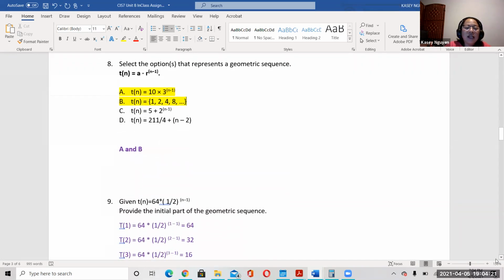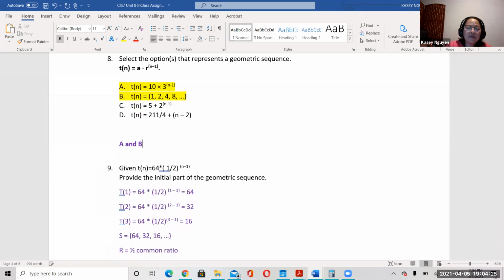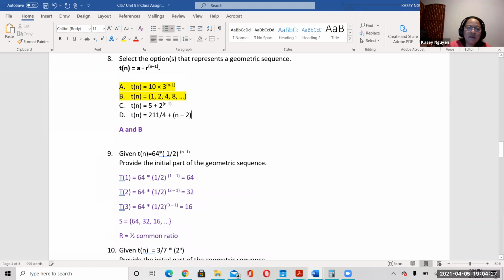Okay. So let's solve for number 9. So you have T of n is 64 times 1/2 to the power of n minus 1, right? We want to create a geometric sequence given the equation.